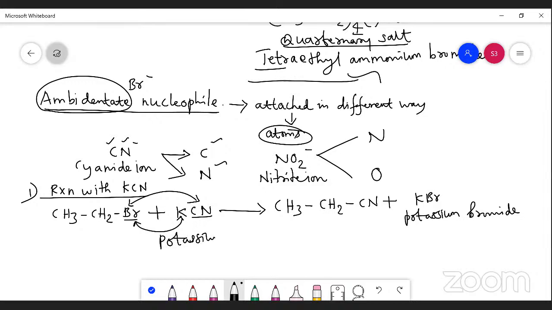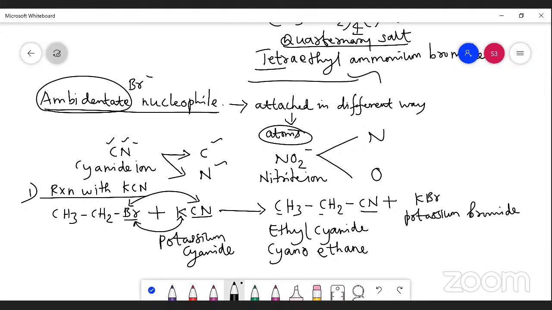Potassium cyanide. And what is this product? This is the cyanide nucleophile attached to the ethyl group, CH3CH2, ethyl. So that name is ethyl cyanide. Ethyl cyanide is a common name. What is the IUPAC name? In the IUPAC name, cyano, because the nucleophile prefix ends with o. Cyanoethane. 2 carbon atoms, so that's why ethane.